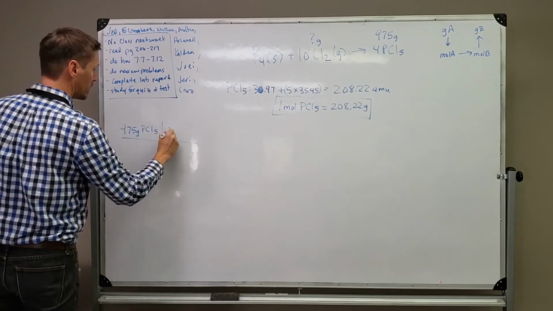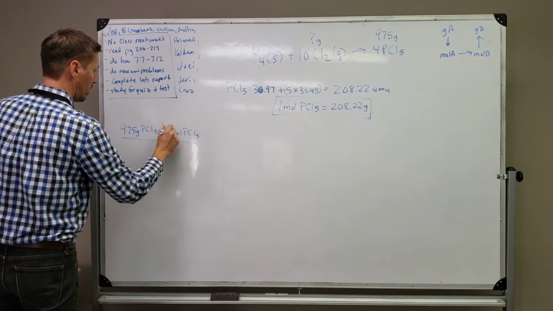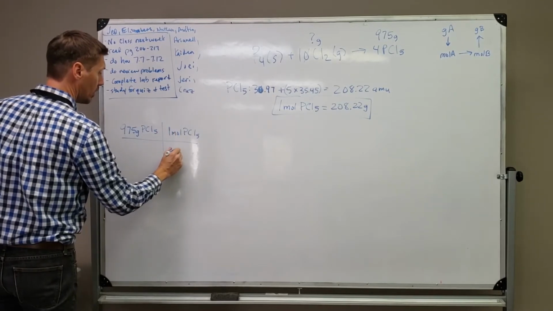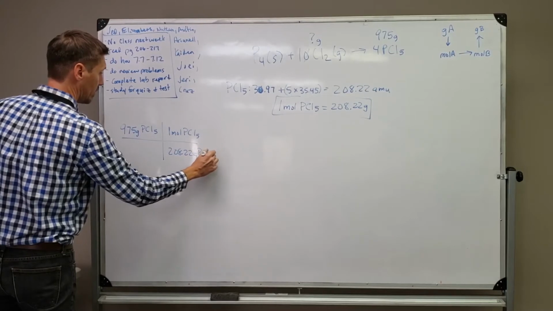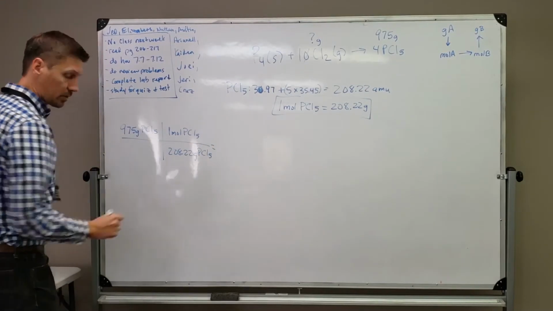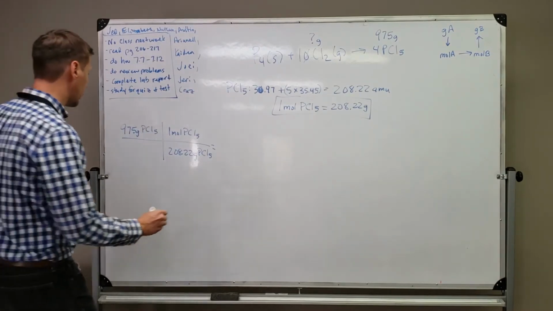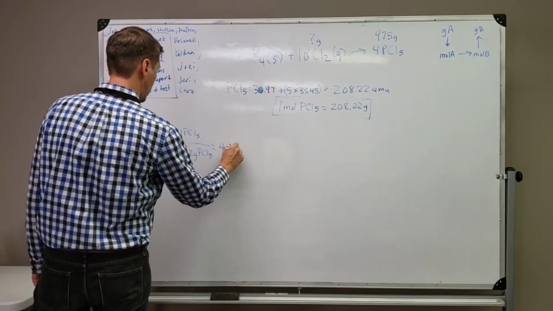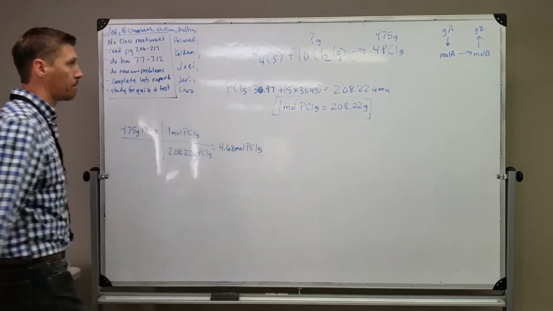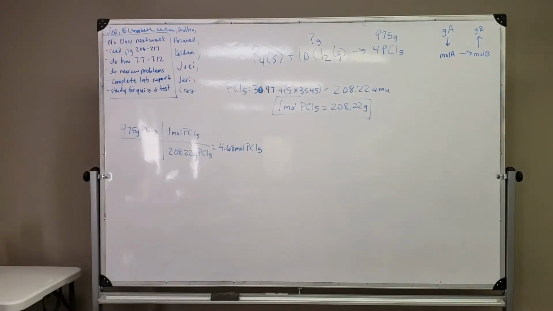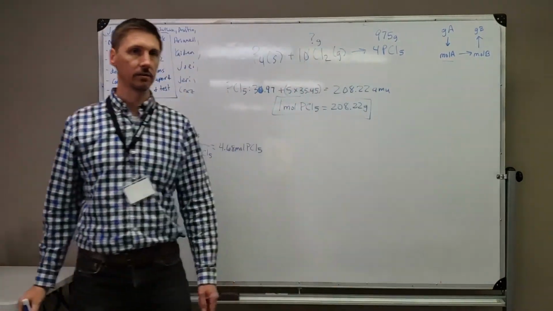So we put moles on the top, 1 mole of PCl5, and 208.22 grams of PCl5 on the bottom. That's going to equal 4.68 moles of PCl5, right? So we've made it to this point. We've got moles of substance A.